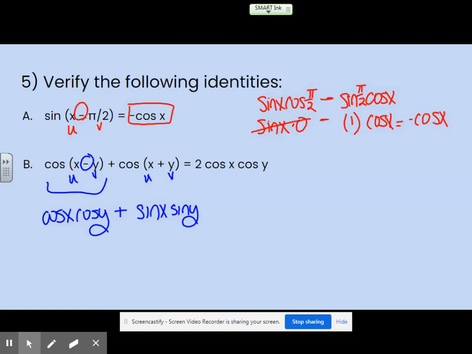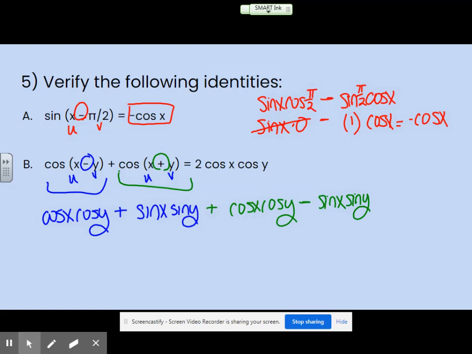Now I have to deal with that cosine of x plus y. Same thing as before. I have cosine of our first angle times cosine of our second angle. Here I'm adding my angles, which means I'm subtracting my values. Sine of our first angle times sine of our second angle. And I'm noticing a few things.